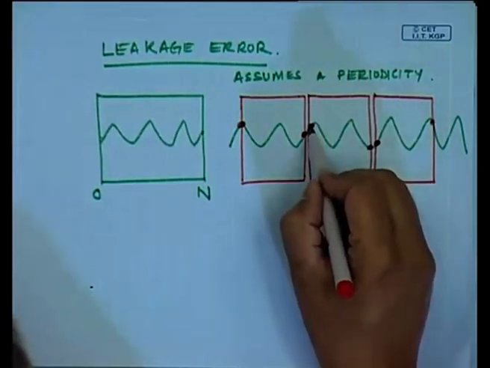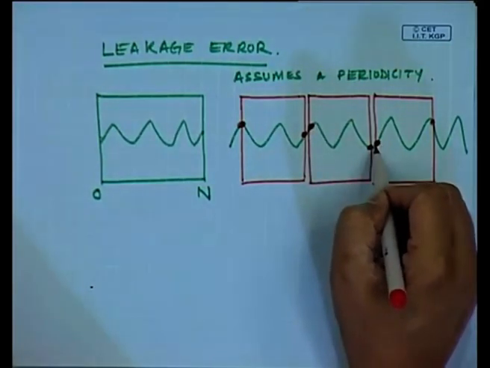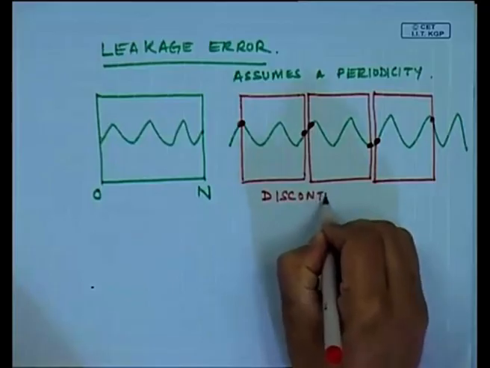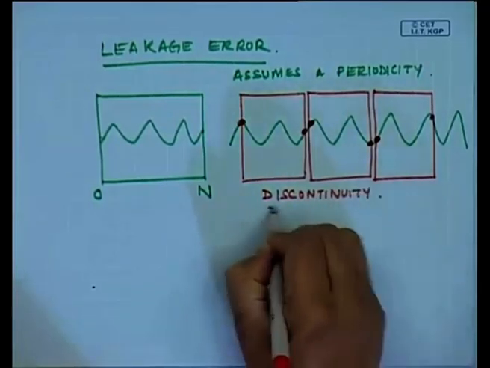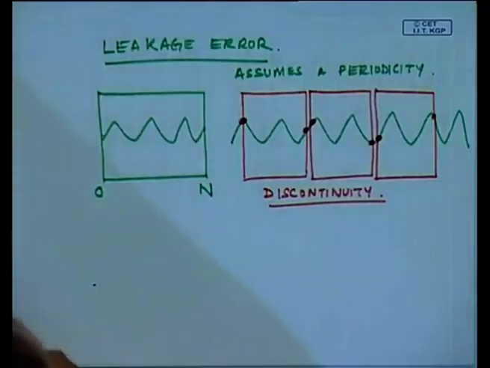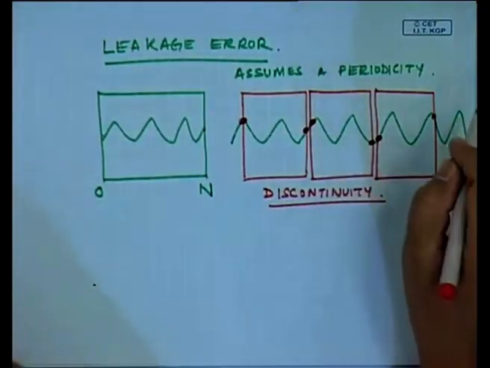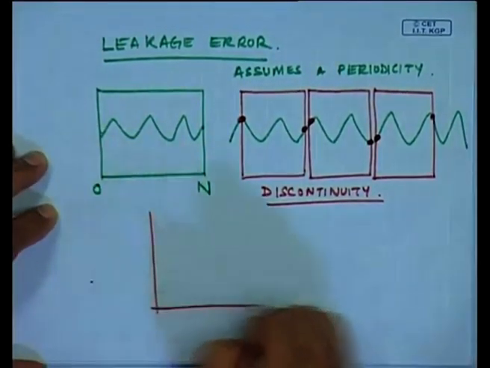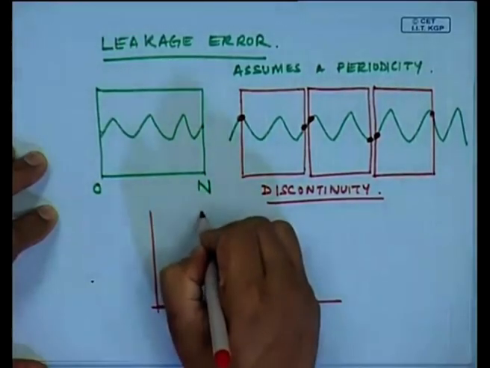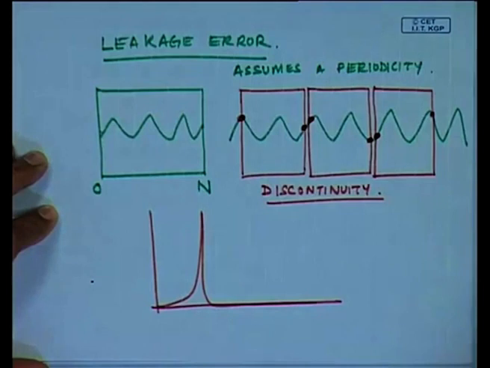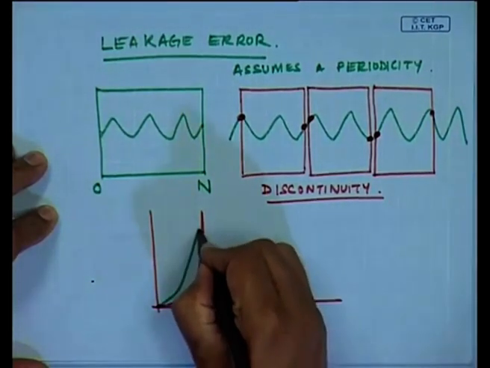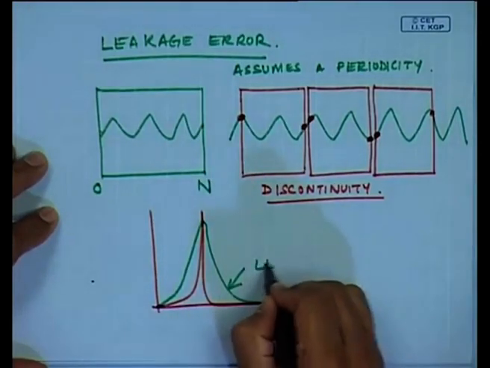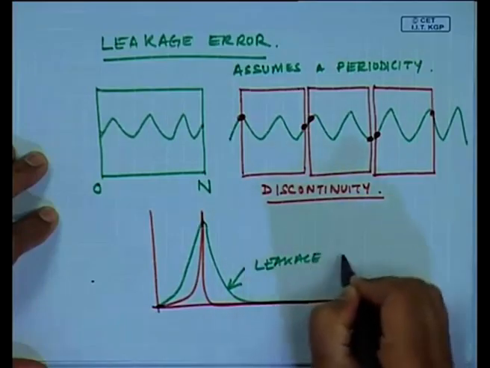For example, this has started here, this has started here. So, this creates an amplitude discontinuity. Now, to avoid this discontinuity, what do we do? So, there is what is known as leakage in the frequencies. So, if my actual frequency is this, the computer would estimate it as this because of leakage error.